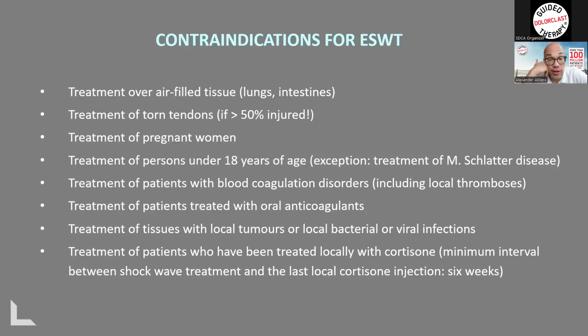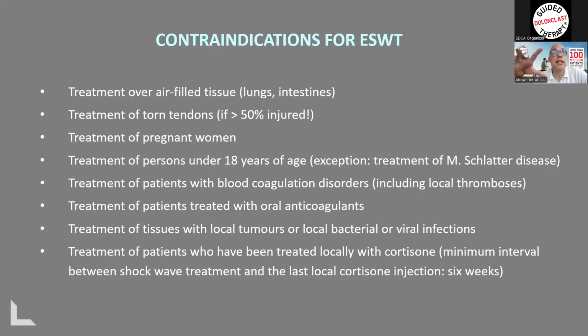Schlatter disease, for example, the tuberositas in the tibial bone is not an epiphysis, it's an apophysis. So this structure has nothing to do with the growing of these children. So by application, you will see this during the cases, we can of course treat the apophysis without hitting the growing zone.